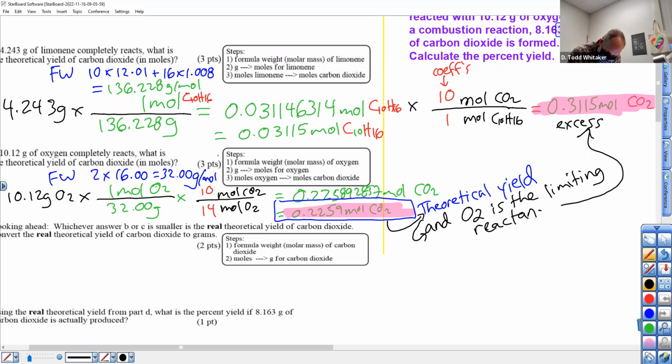But please follow the arrows for the logic. You determine which of the numbers is smaller to tell you the theoretical yield. That also tells you, going backwards, that O2 ran out first. It's called the limiting reactant. The limiting reactant, and the other reactant's called excess. This number is useless.